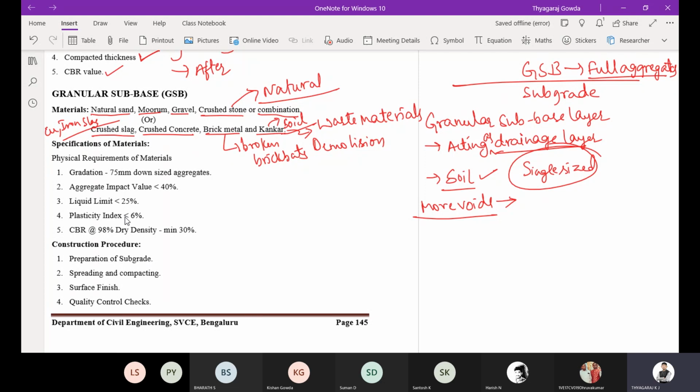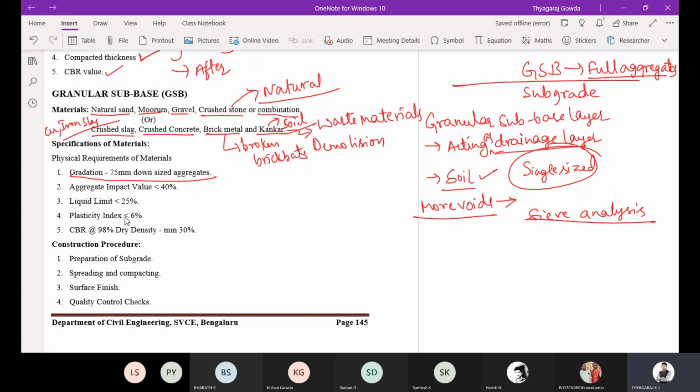Now, what are the requirements, material specifications of the GSB layer materials? You can observe here gradation: 75 mm and downsized aggregates. Gradation means sieve analysis, right? We know sieve analysis.